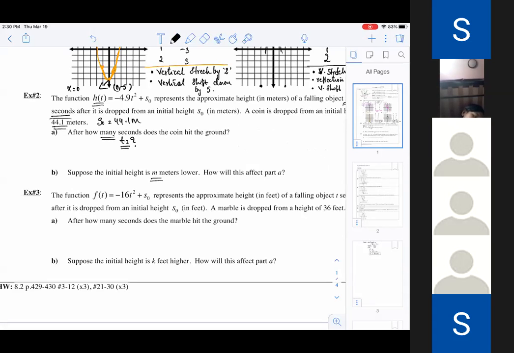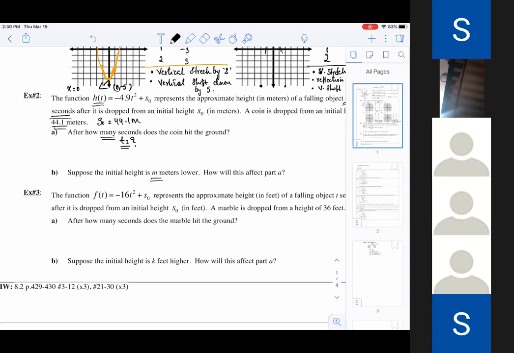It would take less time to hit the ground, right? Can you guys find the time in that case also? But then this says m. So, you can just answer like that too. That's fine because you cannot find a number, since it will be in terms of m.